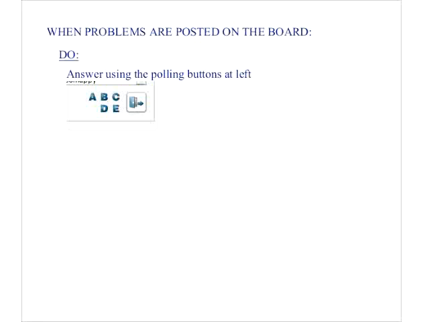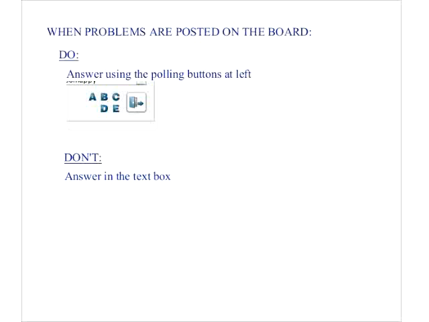What you should not do is, when you answer the polling button, you don't answer the question in the text box, please. Do not answer the question in the text box. Because then what you're doing is you're revealing your answer to everybody else who's also taking this question, and that's not valid preparation for the test anymore for those people because it's not a group activity.